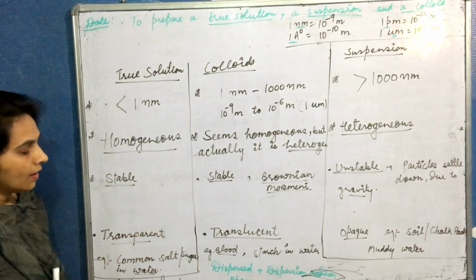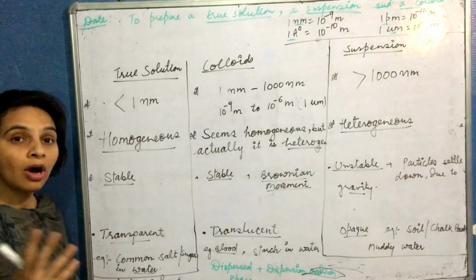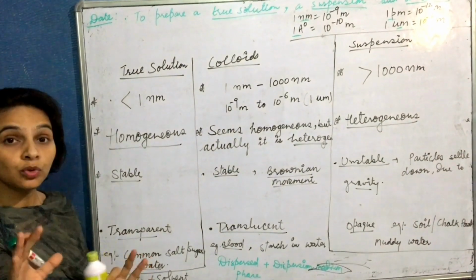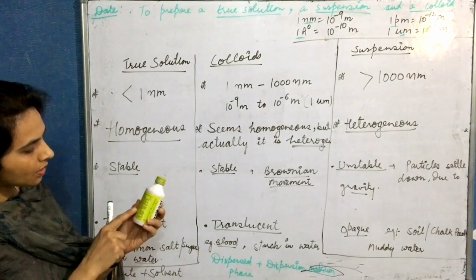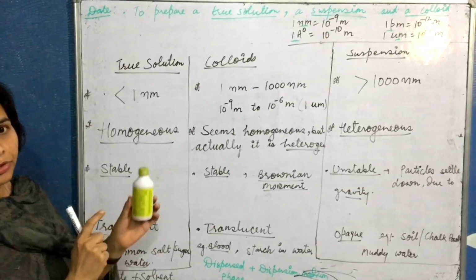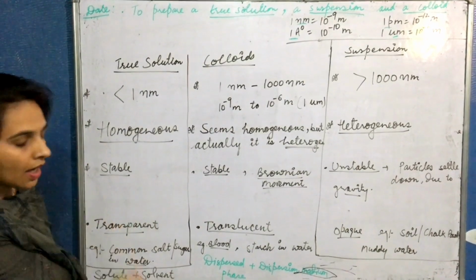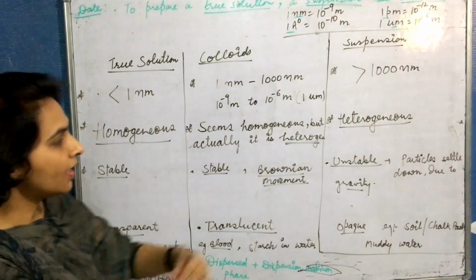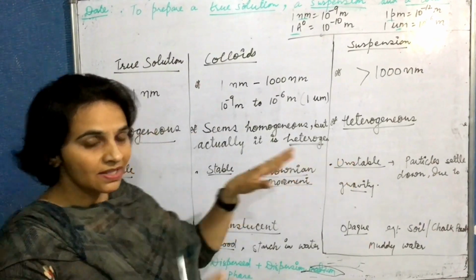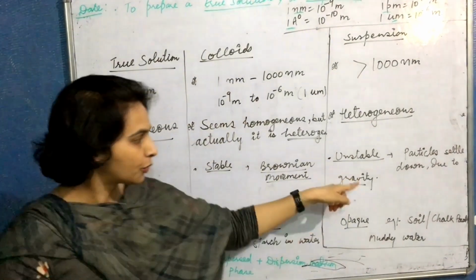Like on some cough syrups and juice packs, you generally see it's written, shake well before use. Means shake it. Otherwise, if you allow it for some time, then it will become unstable. Means the heavy particles will settle down due to gravity.